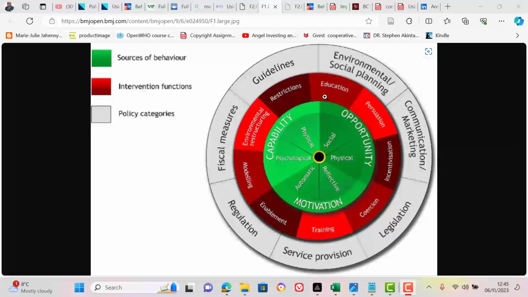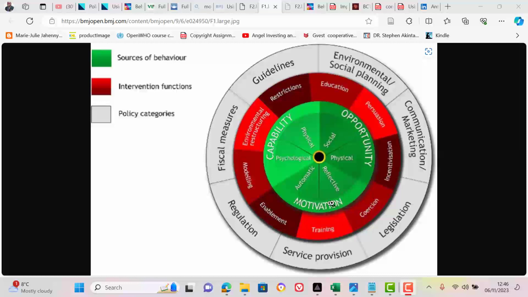Okay. Now, for the opportunities aspect, you can design an intervention to educate or to persuade, or you can provide incentives. So these are the areas that you can use to change opportunity levels for a targeted population.